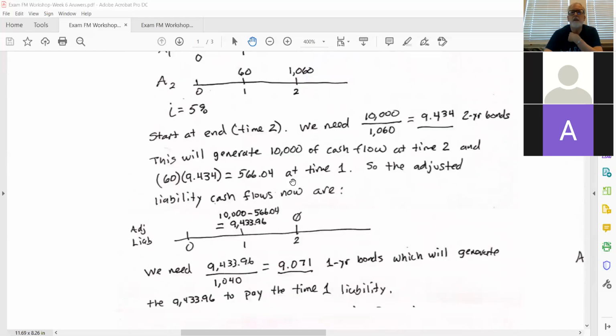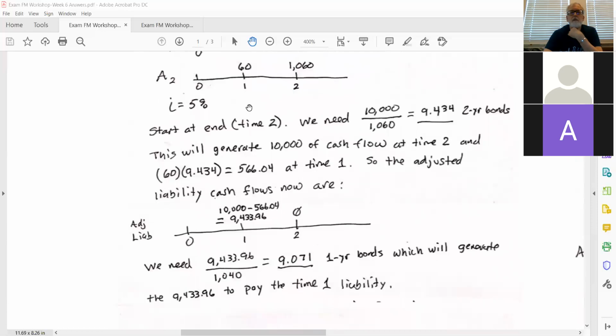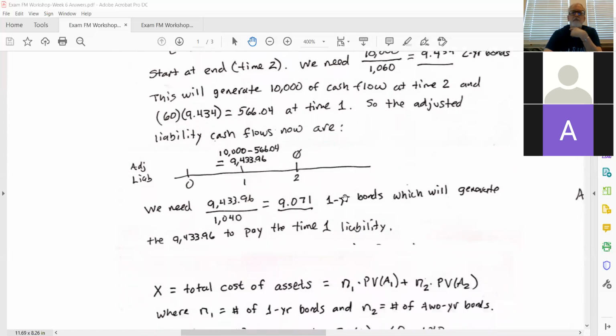And so from that, this is the cash flow remaining that we have. We take the liability, divide it by the asset cash flow, and therefore we need 9.071 of the 1-year bonds. And then now we've exactly matched the liability cash flows.